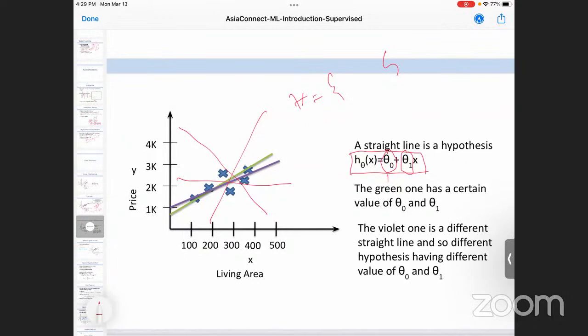You can say theta 0 is b, and theta 1 is a. So we have just two parameters. That's why we have restricted our hypothesis space to straight lines. From this hypothesis space, the number of candidate straight lines, I need to select one particular straight line that gives the best result. I have used many terms, so it will become clear in the subsequent slides.